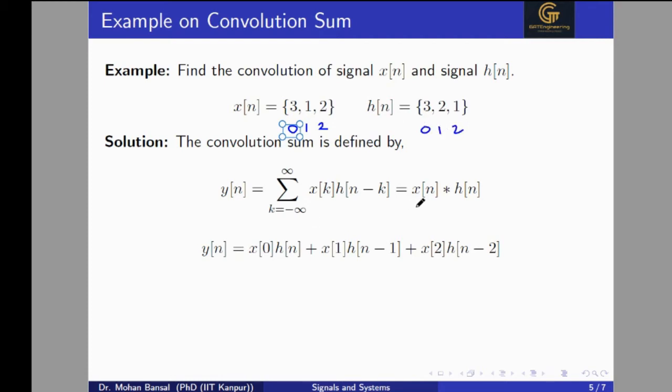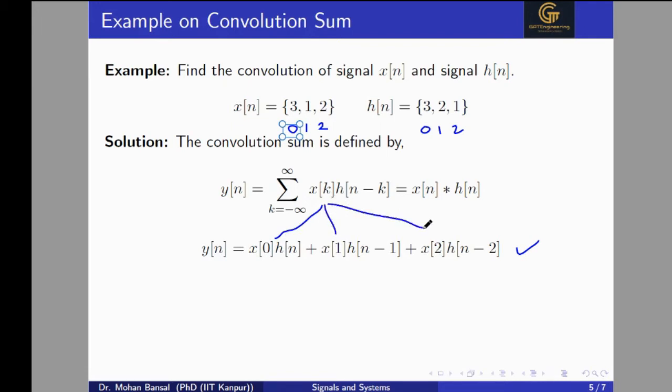If we substitute the value of k from minus infinity to infinity in this expression, we get this kind of expression. But here we consider only k from 0 to 2, because x[minus 1] and x[minus 2] are 0, and x[3] and x[4] are also 0. So we get finite values for x[0], x[1] and x[2].